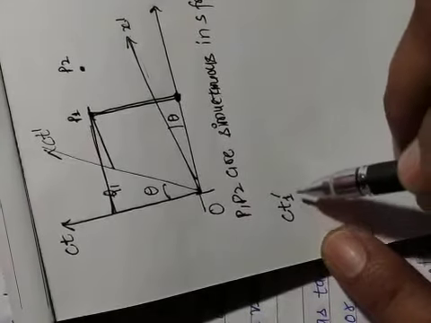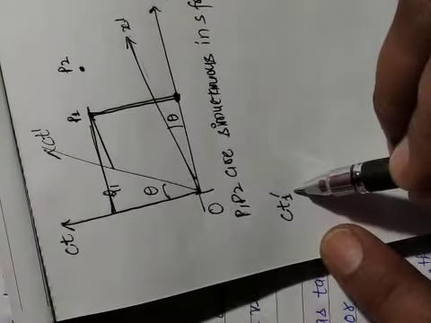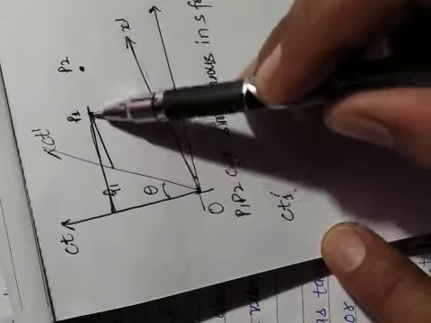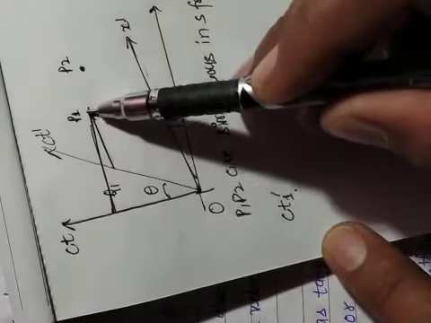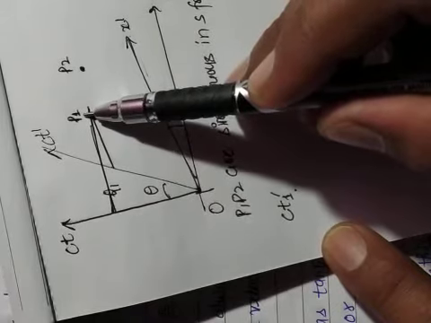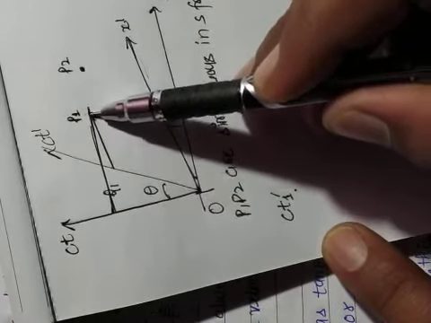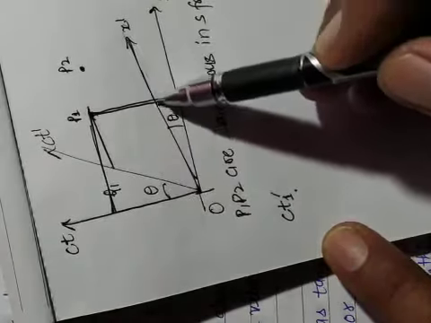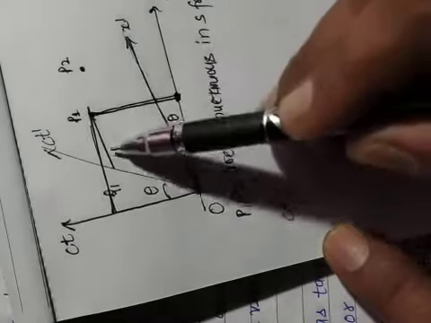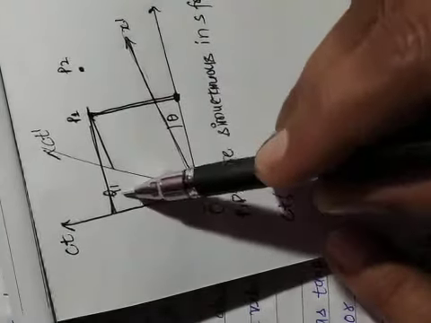So what is CT1 prime, the CT prime coordinate of this point P1? Draw a line parallel to this X prime line, and say this point is Q1.